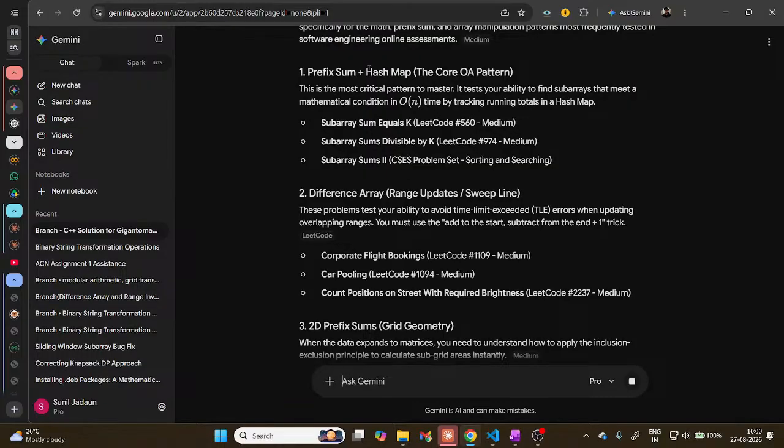The prefix sum plus hashmap. Okay, all right.